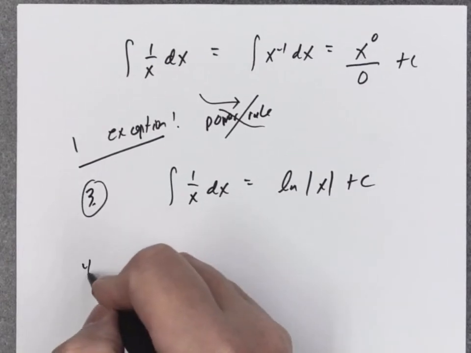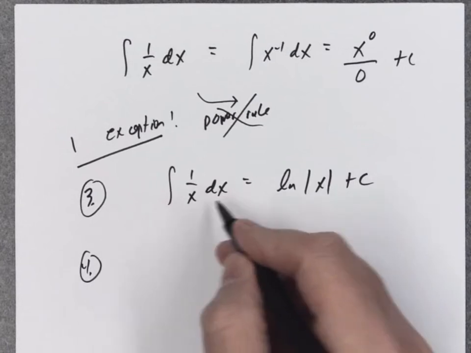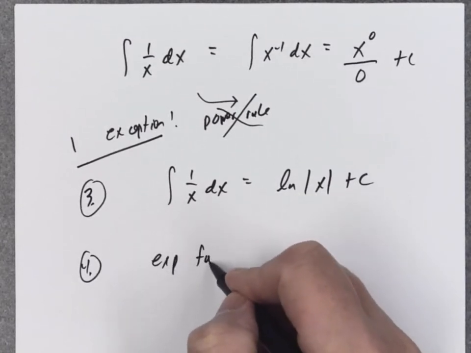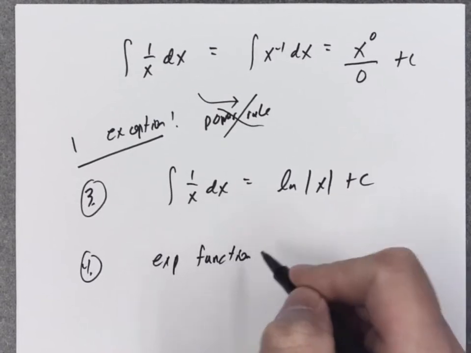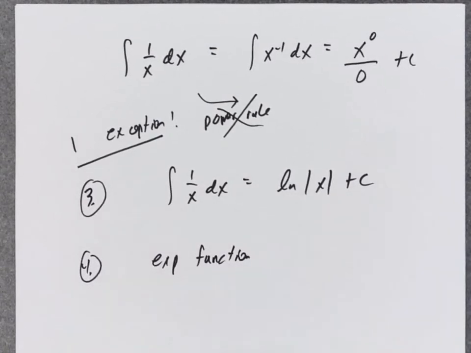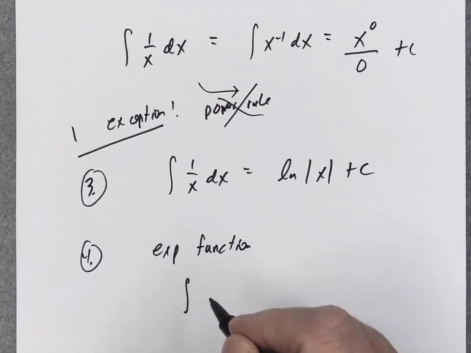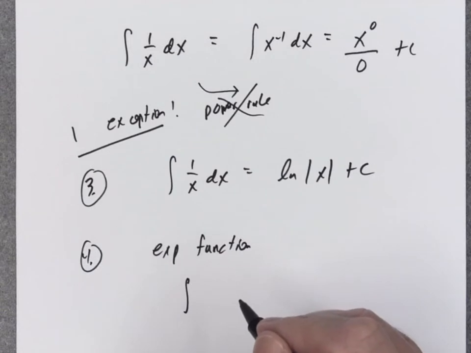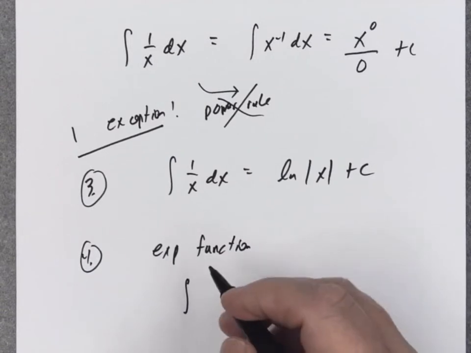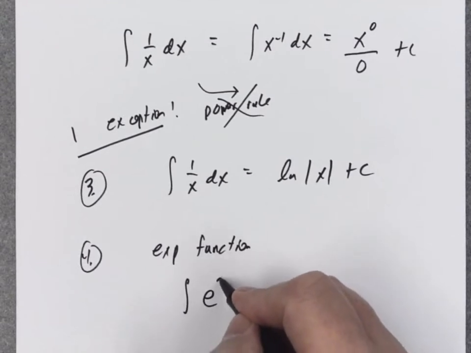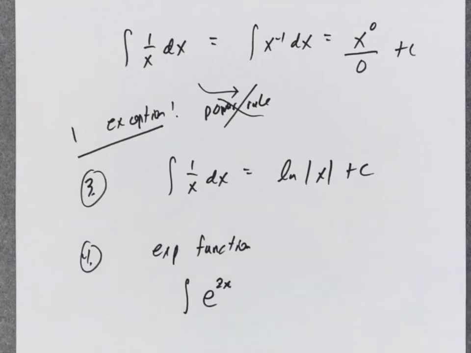How about, since your natural log setup, what if we're trying to take the integral of an exponential function? So once again, exponential functions, we can do some of them, and the ones we can do are when you have e to a number times x.